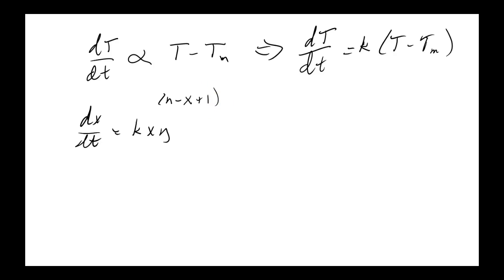It's rather strange. It just has to be there. And so if you had a fixed population of N, then this would be kx times (n + 1 - x). Okay. So then you only have one variable.